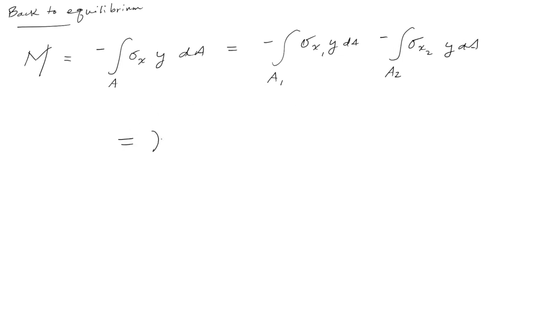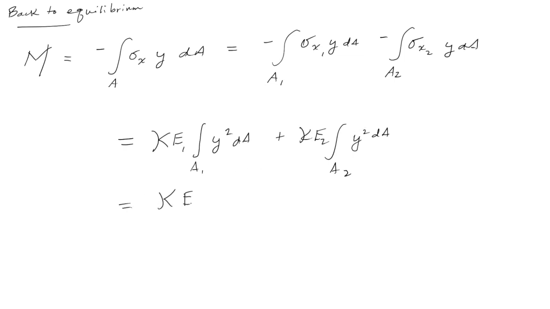We have kappa and E1 are constants, so they come out of the integral: A1 y squared dA plus kappa E2 A2 y squared dA, which then becomes kappa times E1 I1 plus E2 I2, the moments of inertia.